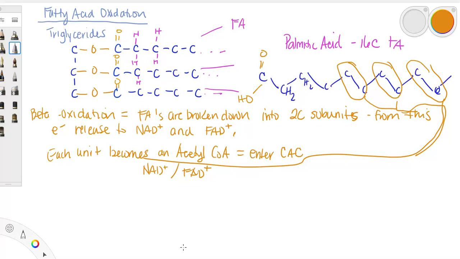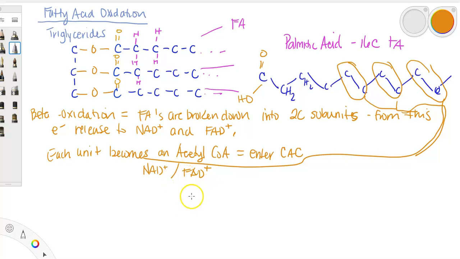Okay, so as it goes through, we get about over 100 ATPs from one 16-carbon fatty acid, which is palmitic acid. Okay, because all those 80 electrons are going into the electron transport chain.